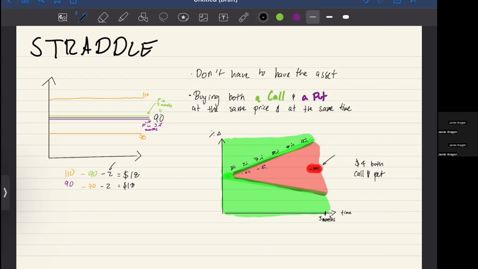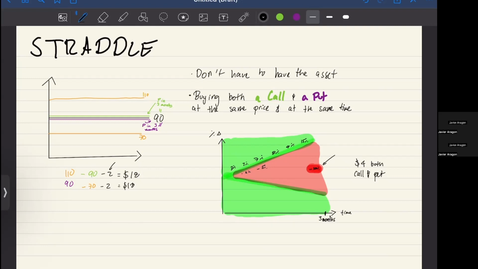Now to make a profit, that's at least 6%. And again, if in 3 months you needed to be greater than that much, it is a lot of risk you're taking in. So that's why the straddle, on paper it looks amazing, but in theory, it is a very risky strategy.